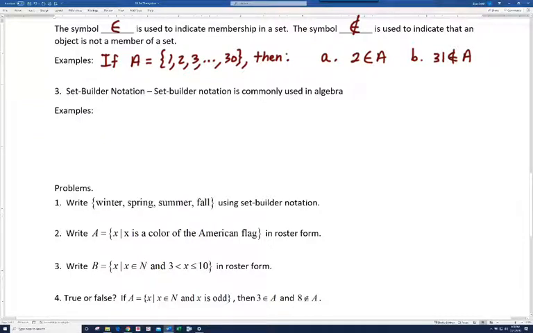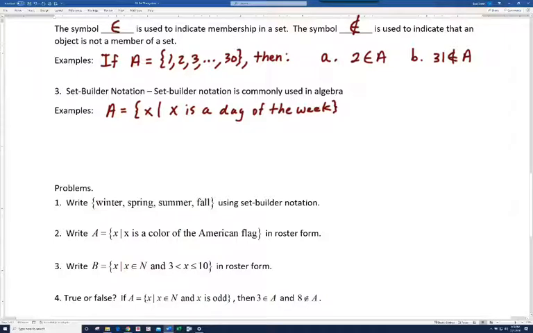Number 3, set builder notation. So this is the third of the 3 ways that we write sets. Notice it says set builder notation is commonly used in algebra. I know some of you are like, not algebra, but that's okay. We're not going to go too deep here in algebra, but you do need to be familiar with set builder notation. So let me give you an example.